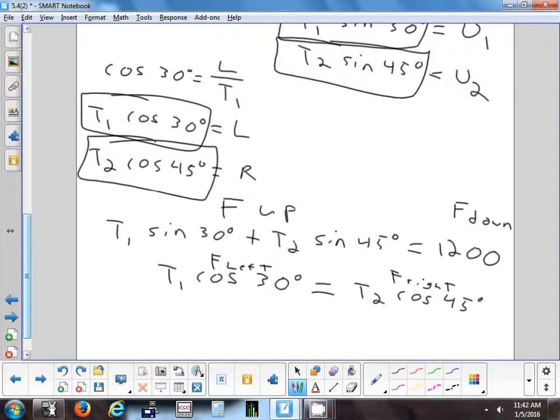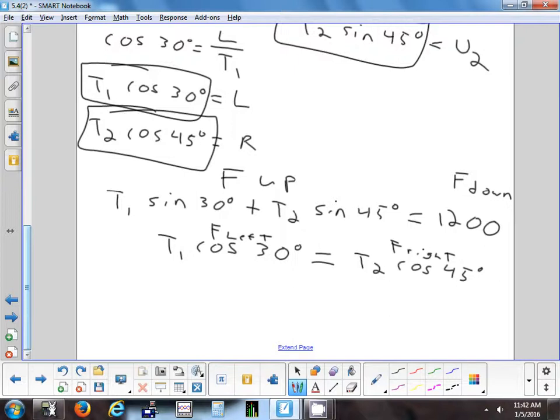Now if you look at each equation, how many variables are in each equation? Just read this top one. How many different unknowns do you come across? Two. How about in the bottom one? Two. And we have 2 equations. However many unknowns you have, you have to have that many equations or you can't solve it. If you didn't have this bottom equation, you'd be stuck.